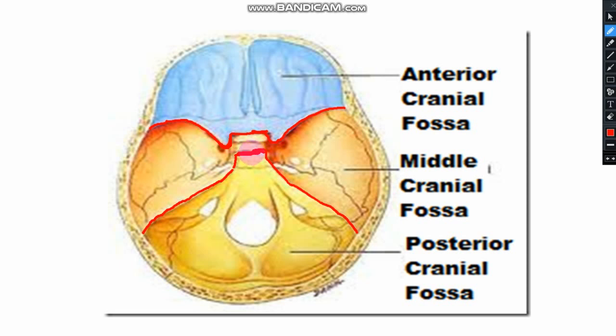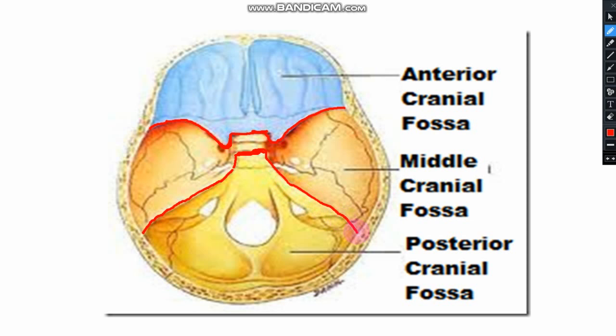The posterior cranial fossa has its anterior margin limited by the posterior margin of the middle cranial fossa.